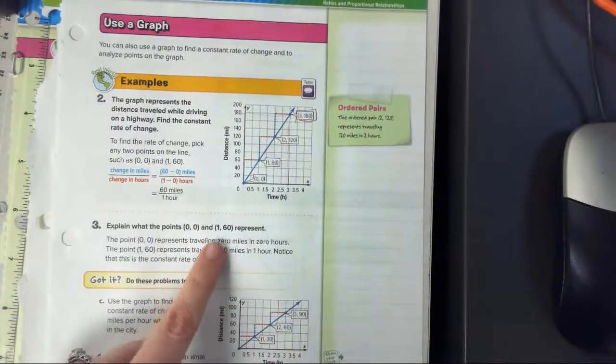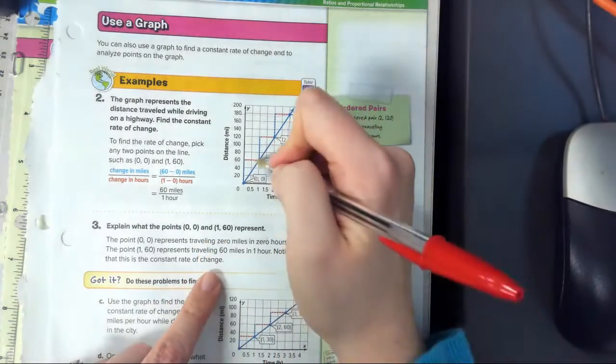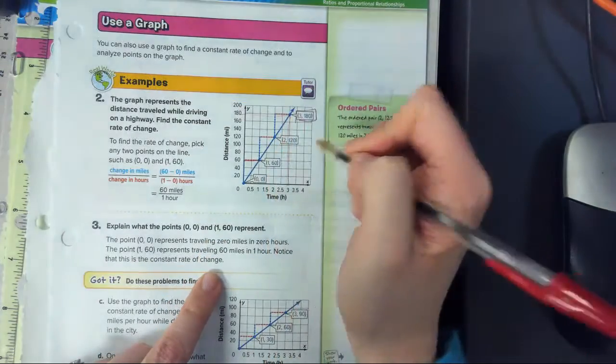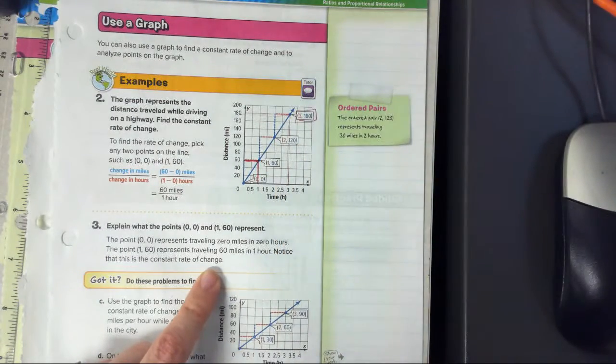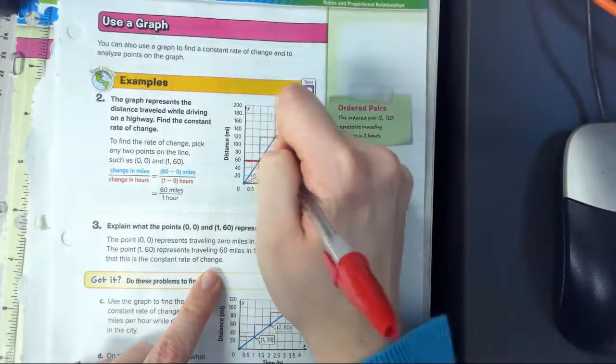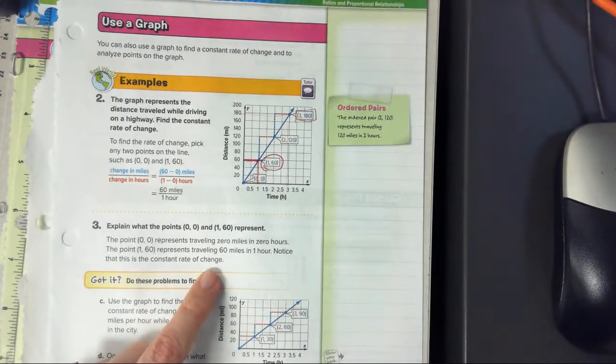And the last one that they might ask you is maybe 1 and 60, and that means in 1 hour you travel 60 miles. And there's something special about that. That is also our unit rate.